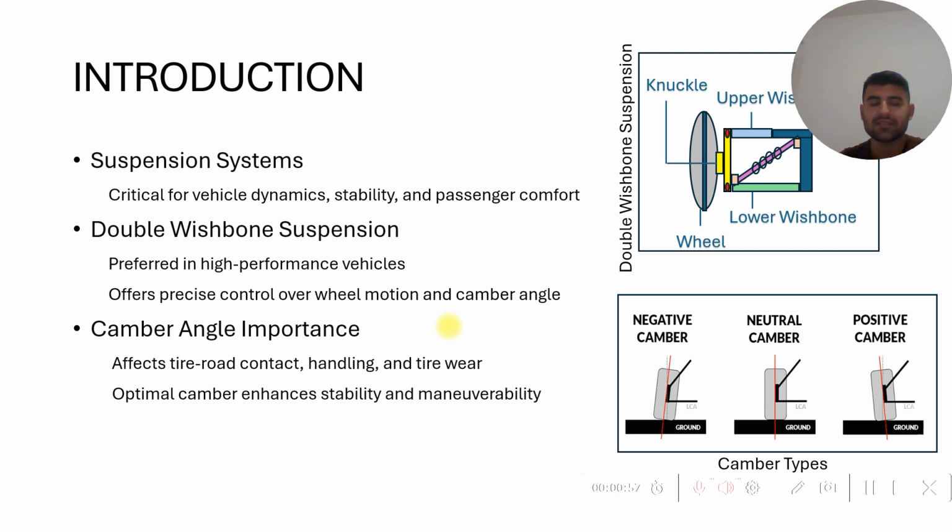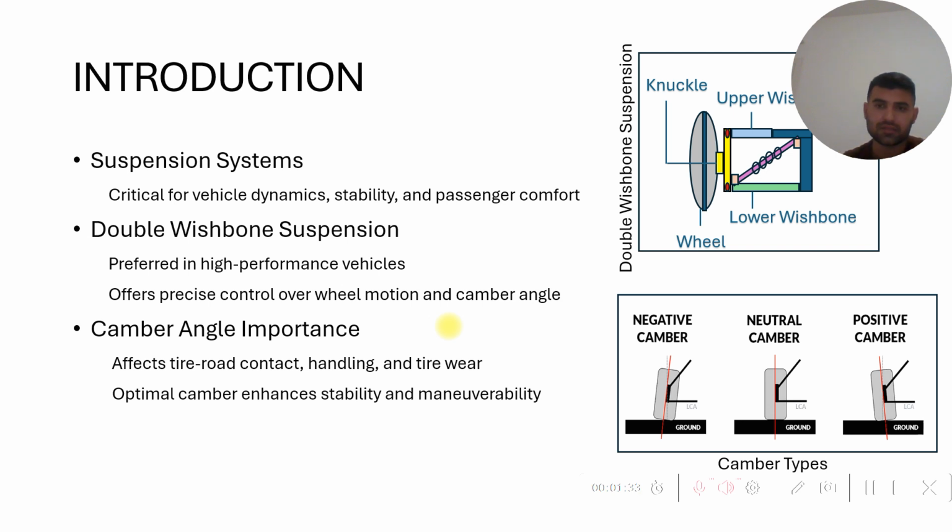These systems are the fundamental component that connects the vehicle to its wheels and helps absorb road shocks and handle the forces. One of the most effective types of suspension is the double wishbone suspension, which is preferred in performance vehicles due to its ability to offer precise control of wheel motion and the camber angle.